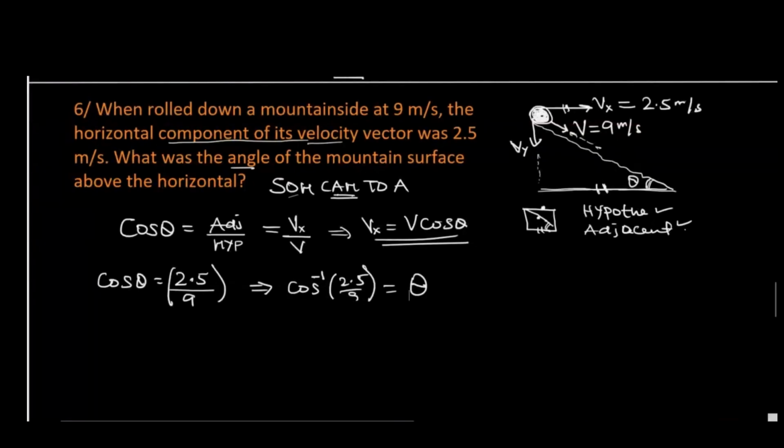This can be calculated on your calculator. Cos theta is right here, and above it is cos inverse. So I hit second and then cos inverse, and then write my number, 2.5 divided by 9.